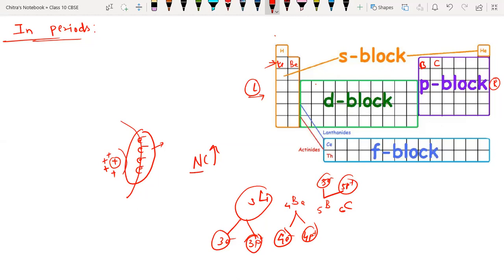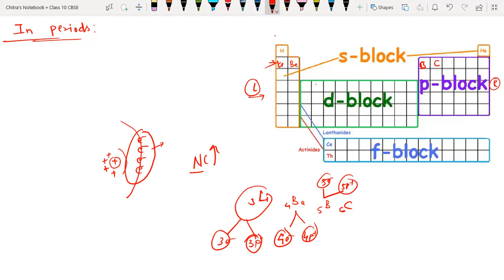Sir, I have a doubt. When we go down the group, the atomic radius increases, due to new shells being added all the time. Yes. So, sir, when atomic radius increases, the atom size also increases. Yes. So, sir, does the size of the atom describe anything about the texture of the element?